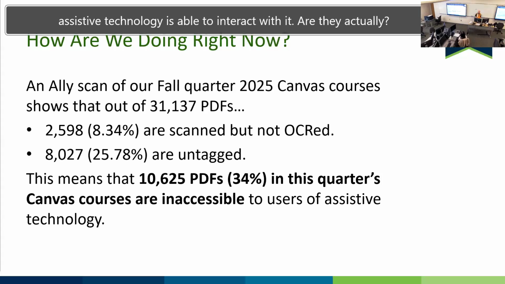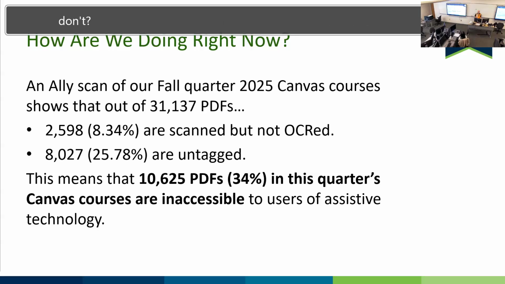Are they actually able to get all the information out of it? Does it make sense? We don't really know that part until we start digging into the PDF and looking at those tags. So there's a lot to do, but we're going to take a look at that, and there are a few different ways to go about taking care of this.